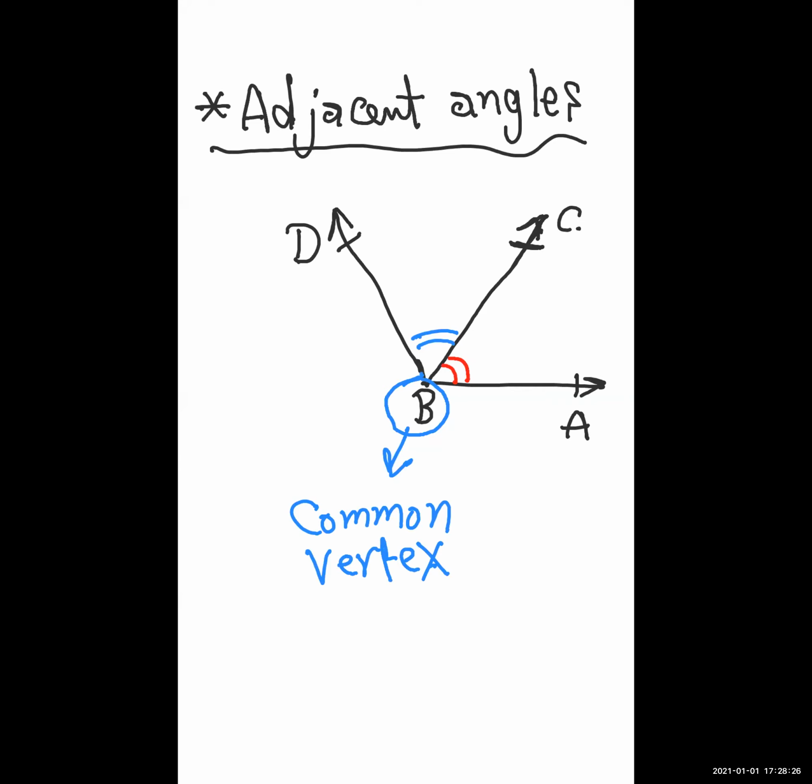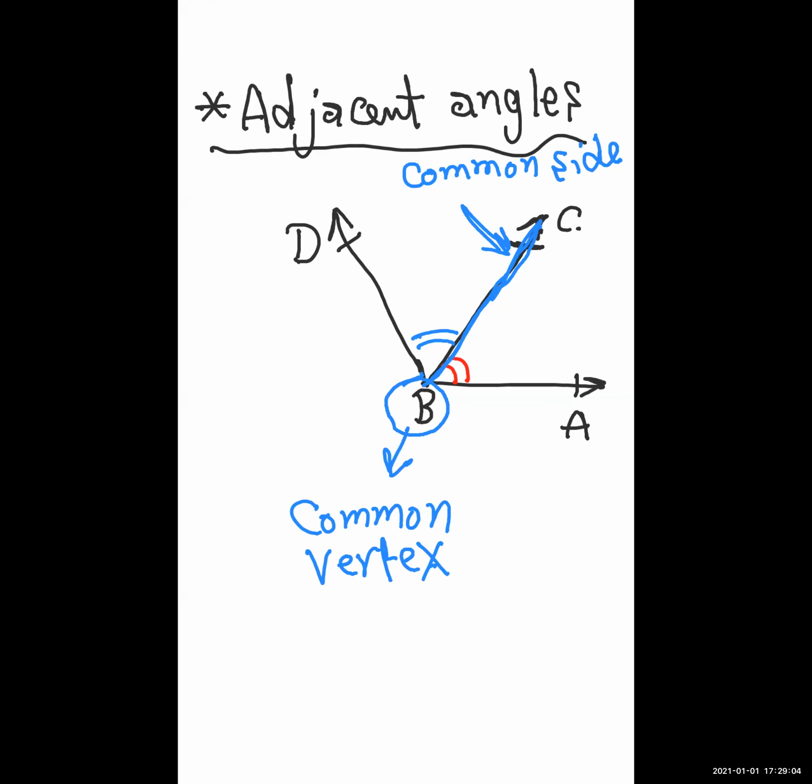So if they have a common vertex and a common side. So the first angle is ABC, and the second one is CBD. So this means BC is a common side. So again, guys, the two angles will be adjacent if they have a common vertex and also a common side.